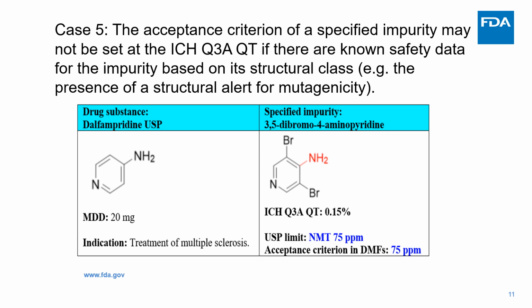In the USP monograph, impurity 3,5-dibromo-4-aminopyridine is controlled at a maximum of 75 ppm. Even though the qualification threshold is 0.15% based on the MDD of 20 mg, the acceptance criterion of this impurity in a DMF should be set at a maximum of 75 ppm instead of the higher ICH qualification threshold of 0.15%.